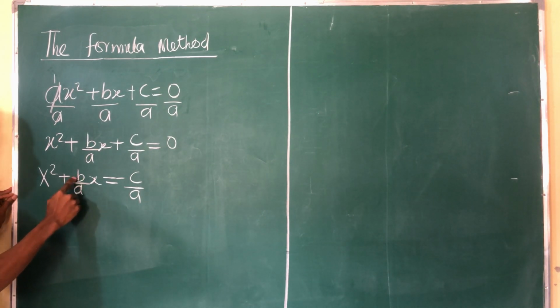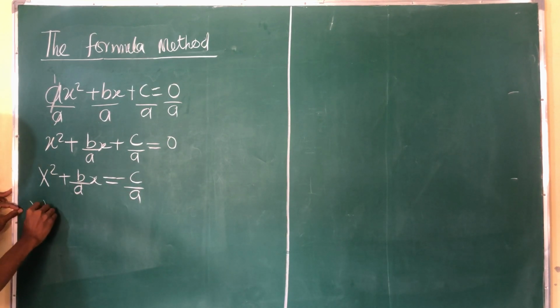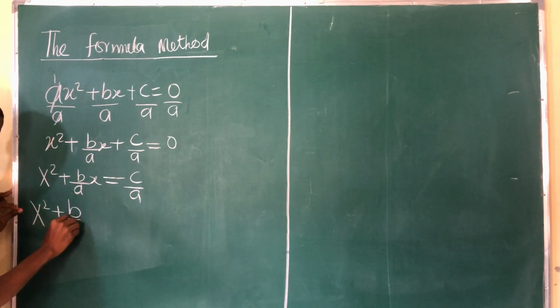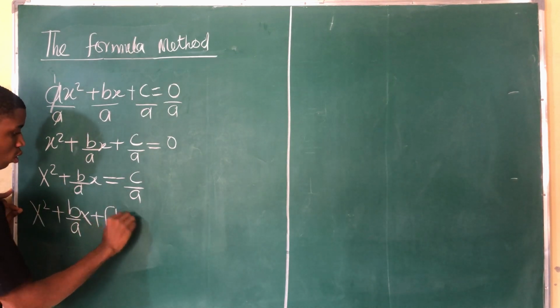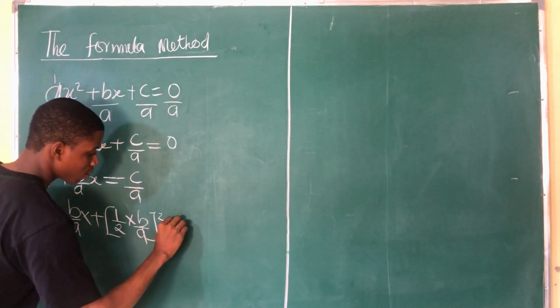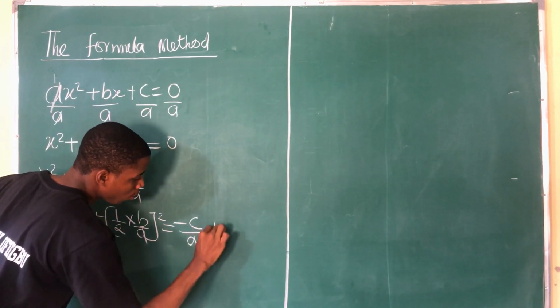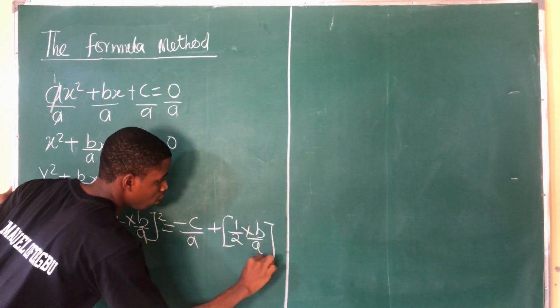And the next step was the square of the half of the coefficient of x, add it to both sides. So we have x squared plus b over a x plus bracket 1 over 2 multiplied by b over a all squared equals c over a plus bracket 1 over 2 multiplied by b over a all squared.